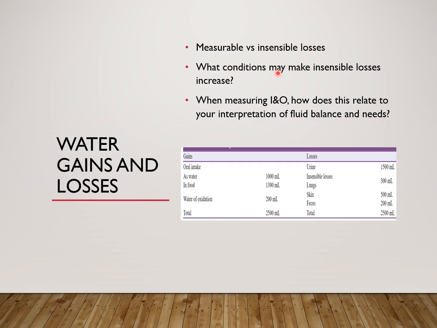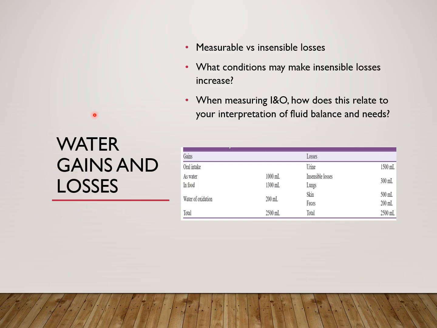So there are different conditions that can make insensible losses increase. So things like a respiratory infection that causes fever. You would breathe more quickly and lose more fluid out of the lungs, and you might sweat and lose more fluid out of the skin. So when you're taking care of patients who have diseases that are disrupting their homeostasis, you really have to consider water gains and losses.